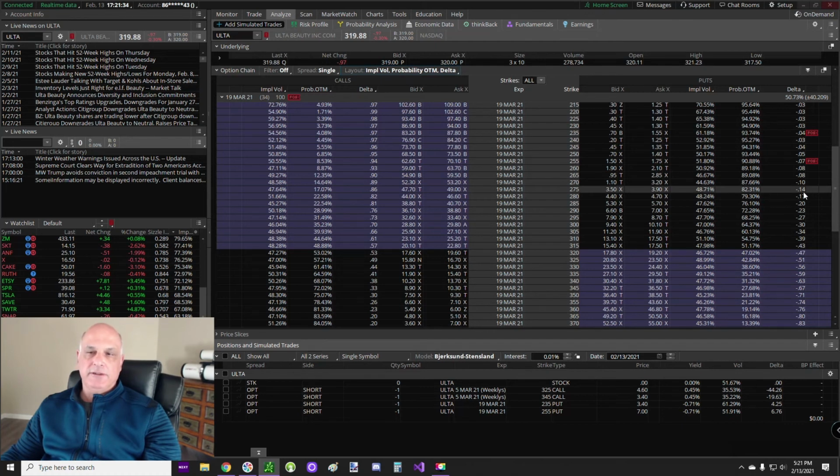So you can see this is a 14 delta. We multiply that by 100 and say that has a 14% chance of being in the money. So if you're looking at an 82% chance of being out of the money and a 14% chance of being in the money on a completely different Greek like delta, they're about the same, but not always.